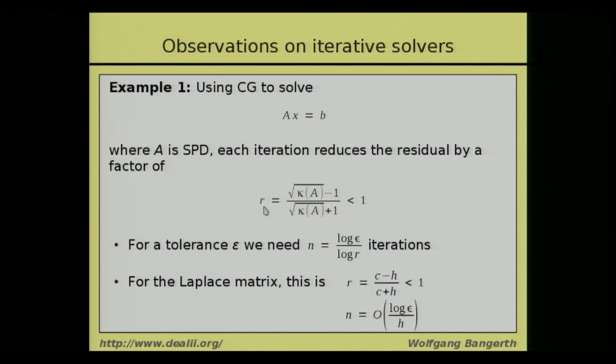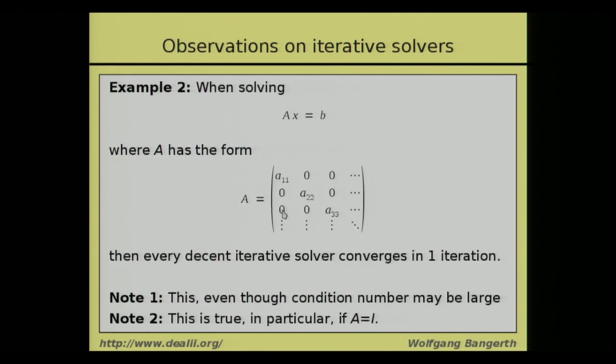The reduction factor is 0, and indeed, I'm done in exactly one iteration. So the consequence of this is that diagonal matrices are particularly simple to invert with iterative solvers, and in particular that is true if the matrix A that I have is the identity matrix. The identity matrix just happens to be one particular case of a diagonal matrix.